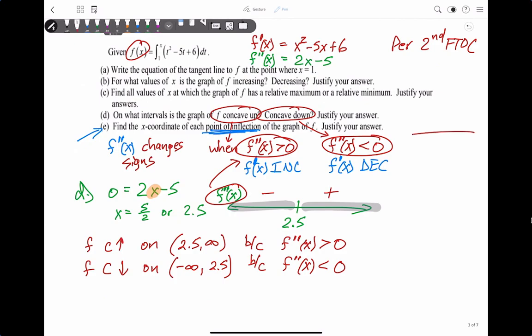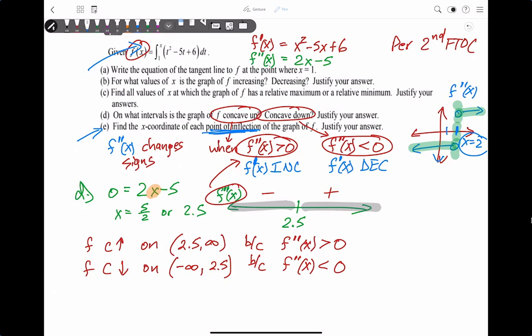For instance, let's say that I had an f double prime graph. And this f double prime graph looks something like this. So what's in blue is f double prime. It does change signs. It went from a negative below the x-axis to a positive above the x-axis. But here's the thing. We need to make sure that whatever this value is, let's say x is equal to 2, just for an example, that if I plug 2 into the original function, it also would spit out a quantitative number.